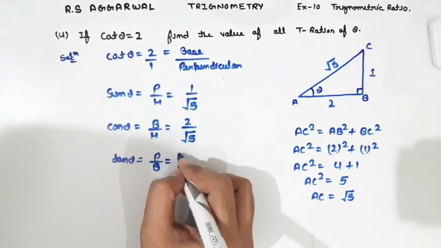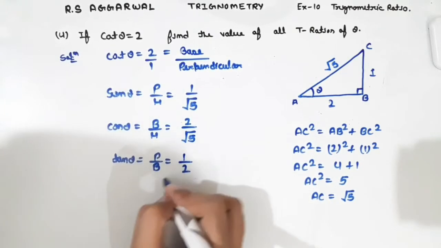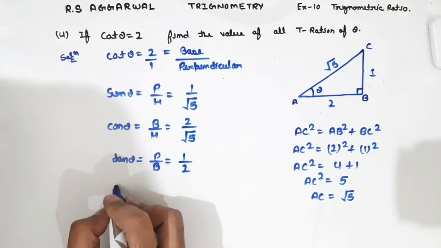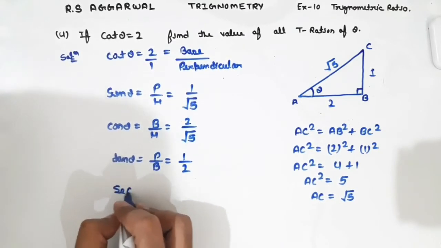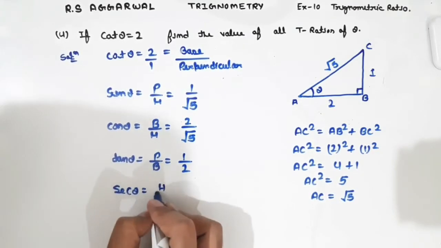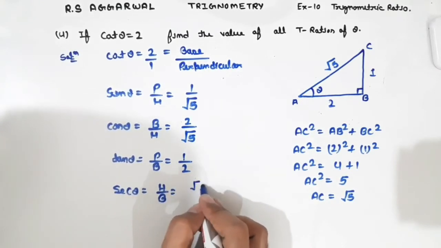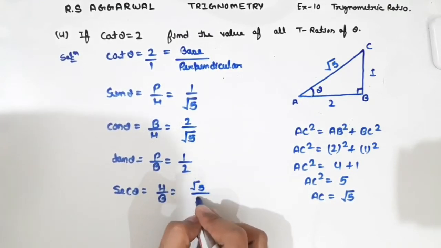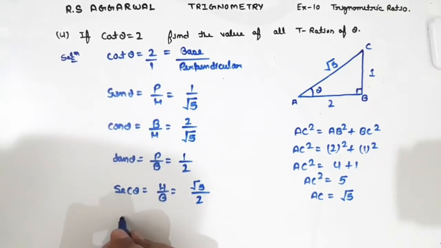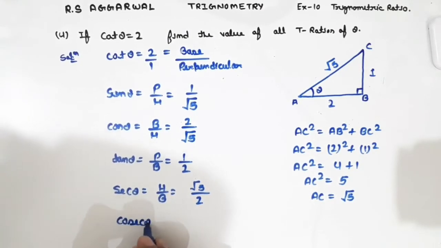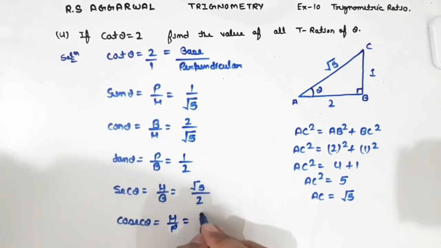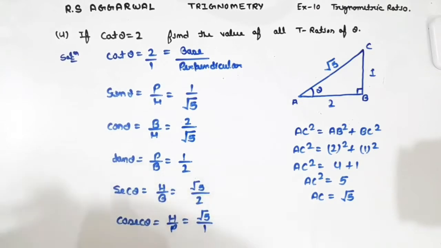So our perpendicular is 1 and base is 2. Then sec theta is given by hypotenuse upon base. So our hypotenuse is root 5 and base is 2. And at last cosec theta is given by hypotenuse upon perpendicular. So our hypotenuse is root 5 and perpendicular is 1. So these are all our trigonometric ratios.